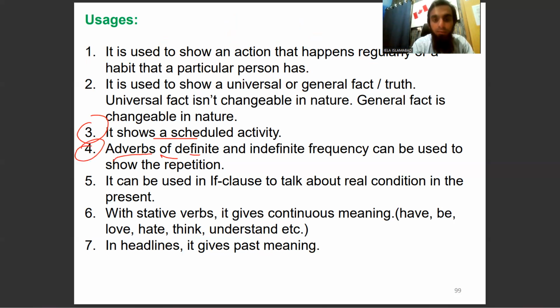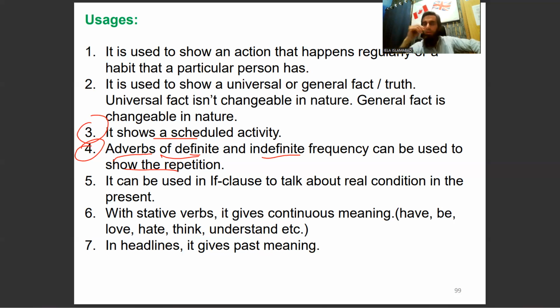Now, number four, adverbs of definite and indefinite frequency can be used to show the repetition. Sometimes we show the repetition, like sometimes, usually, often I go. Like how much? Sometimes I go there. Often I go there. Rarely I work, right?